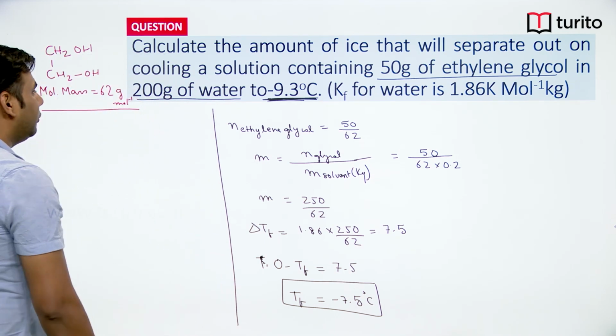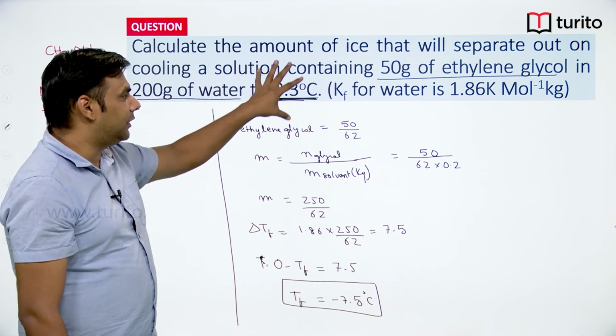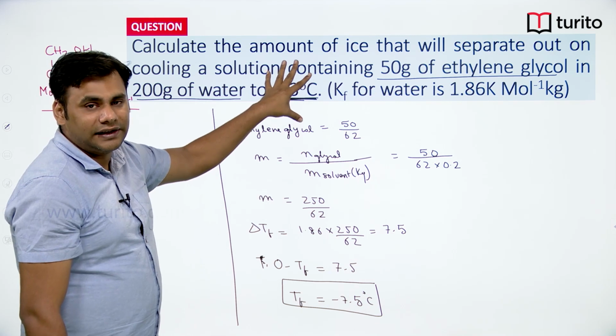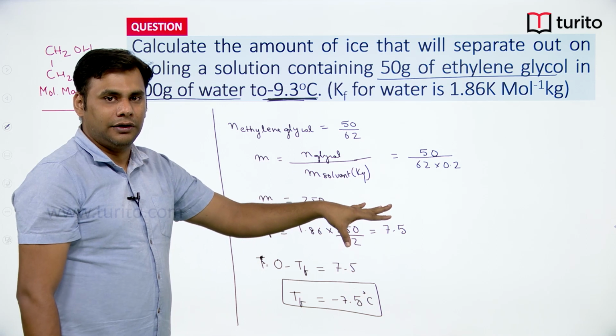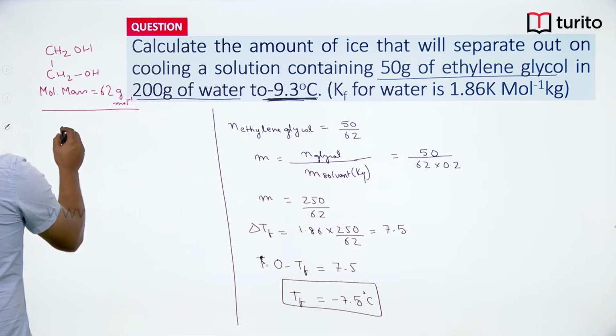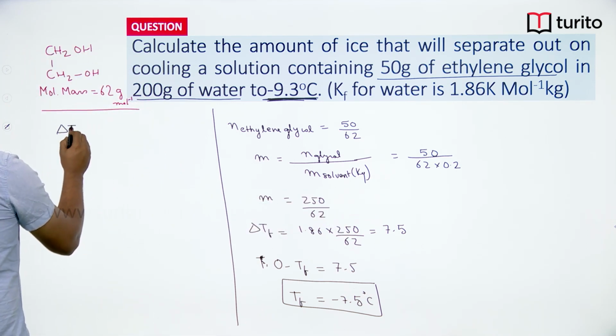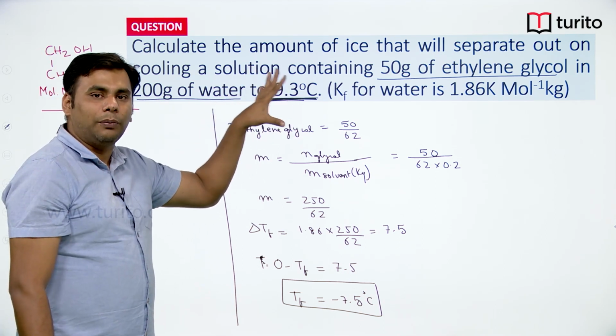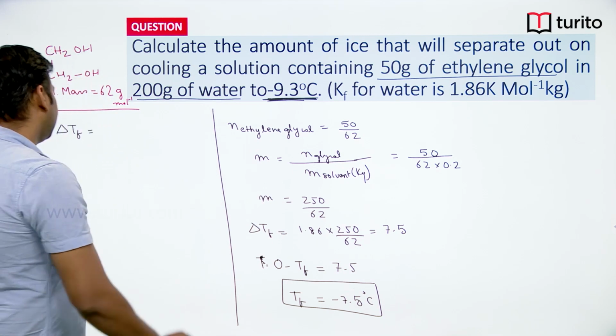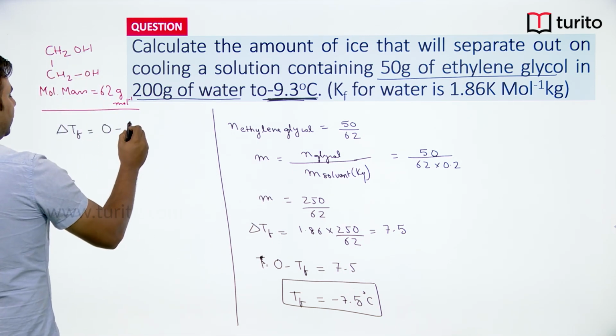Okay. So what we are going to do is, when the temperature becomes minus 9.3, we'll find out the molality of the solution at that point. Suppose we have frozen the solution to minus 9.3 degrees Celsius. The freezing point of water was 0.